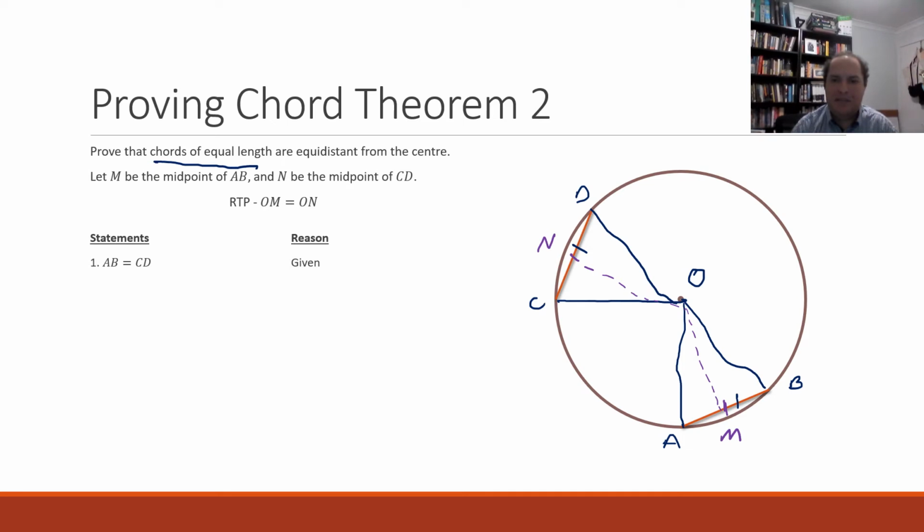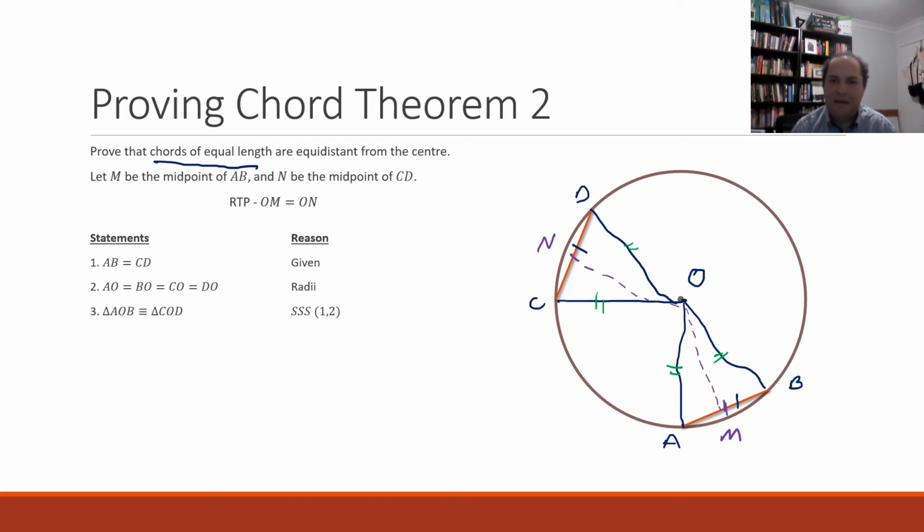What we can also say is AO, BO, CO, and DO are all the same length because they are all radii of this same circle. Now what this means is that our triangles AOB and COD must be congruent by the SSS rule. All their sides are congruent, which we proved from lines 1 and 2.